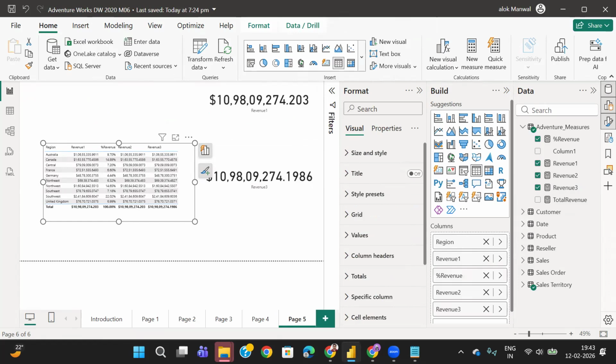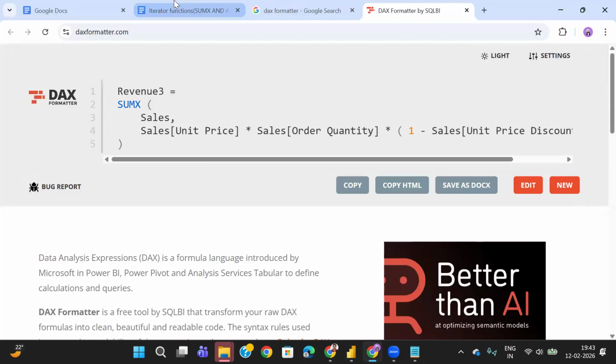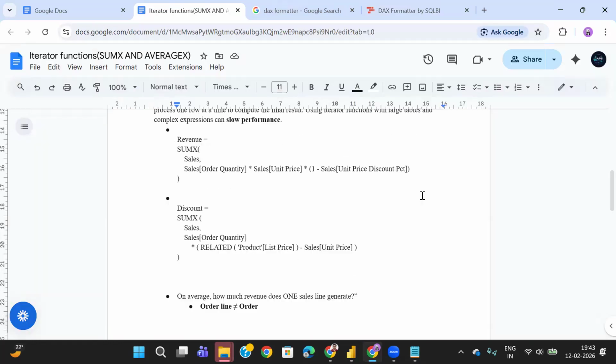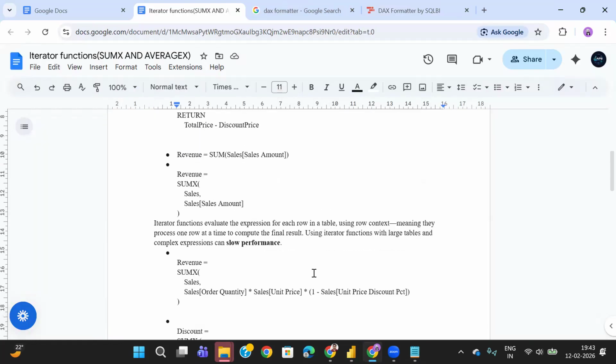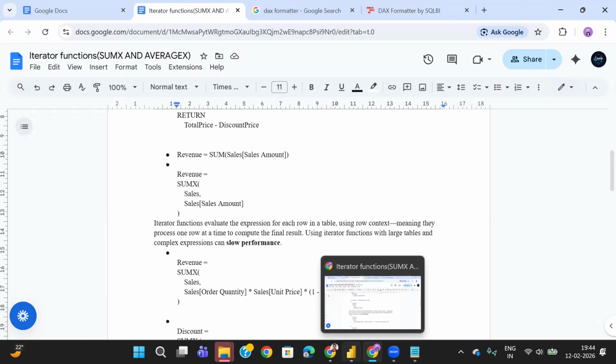Now let me check the document. Did we miss anything? Okay, it's sales order one minus sales discount price. Yeah, it's the same. We don't have any issue. Sales unit and two. Yeah, same.